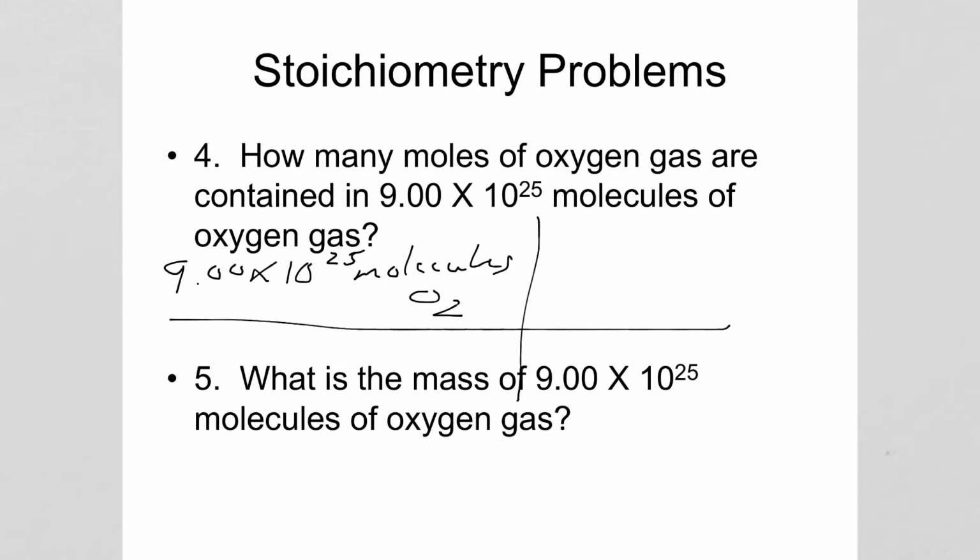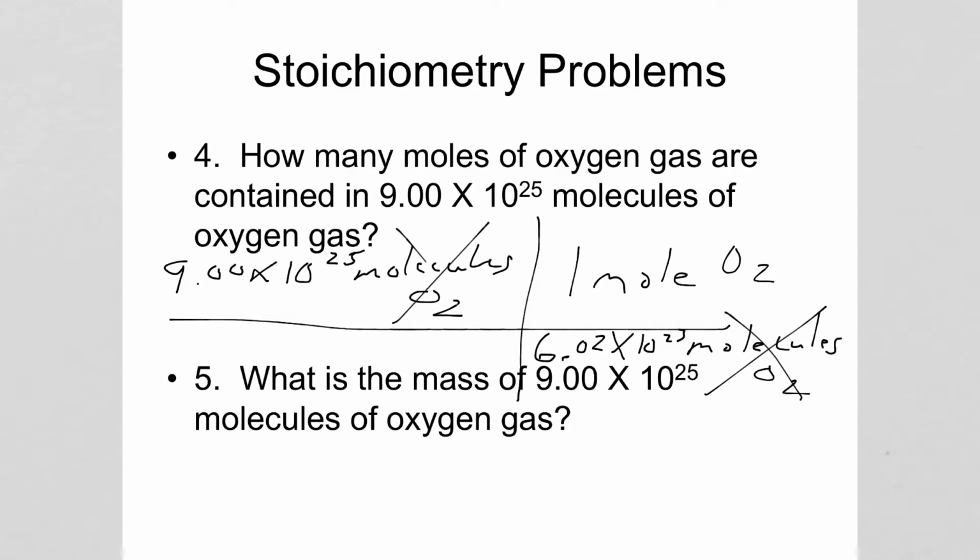And what we have to realize here is that in each mole, there are Avogadro's number, 6.02 times 10 to the 23rd molecules of a substance. So we're going to put 6.02 times 10 to the 23rd molecules down here at the bottom of our conversion factor. And we're going to put what that's equal to up top, which is 1 mole. We put the molecules on the bottom, so they would cancel out.